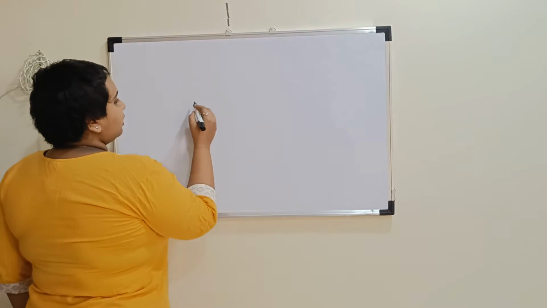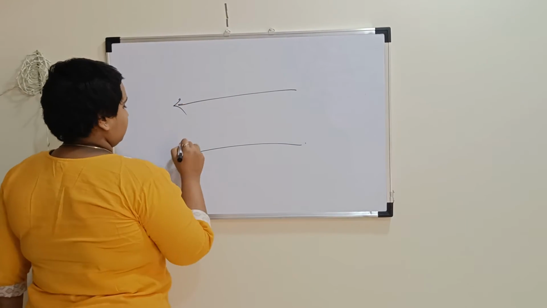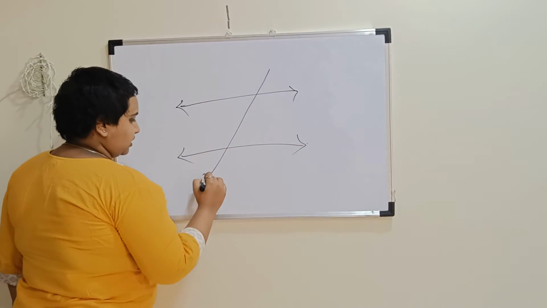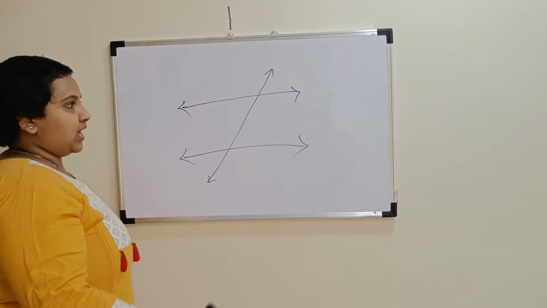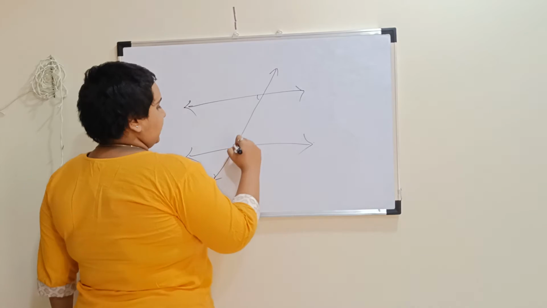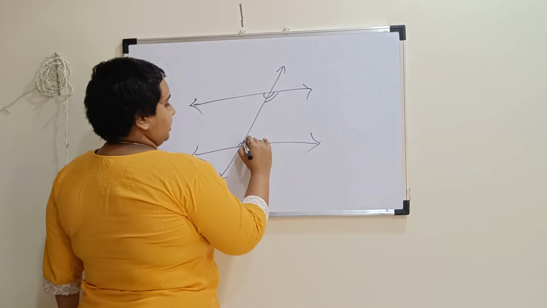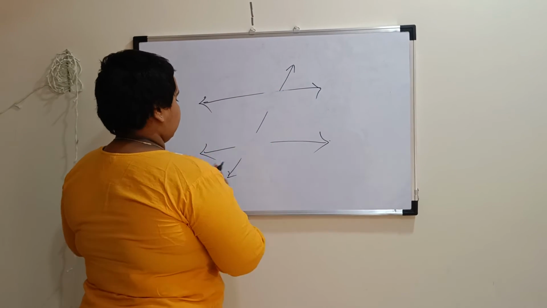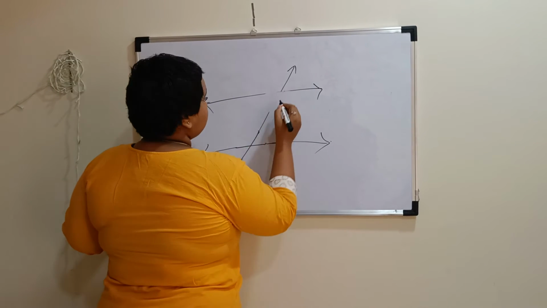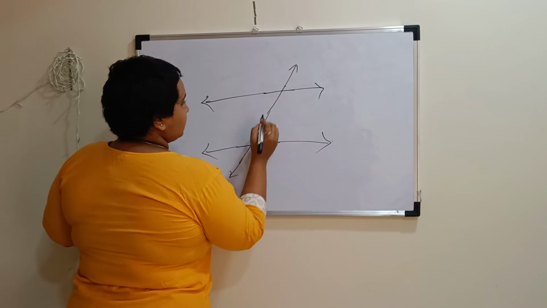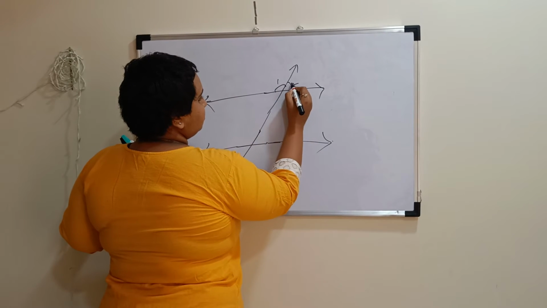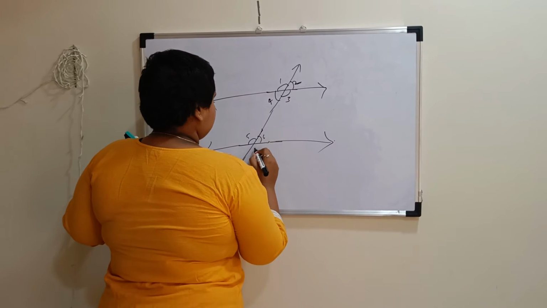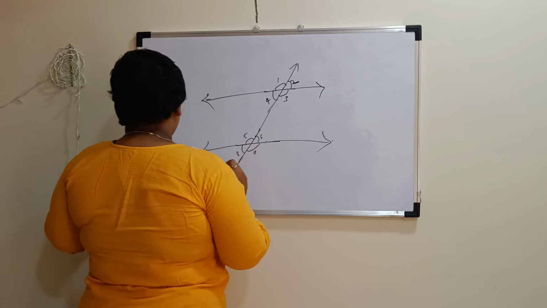Transversal law is where we consider two parallel lines and we intersect these two parallel lines using a transversal, then the angles will be related to each other. Let me first write the angles, then I'll let you know. That would make things easier and understandable. Let's consider this as angle 1, angle 2, angle 3, 4, 5, 6, 7, 8.